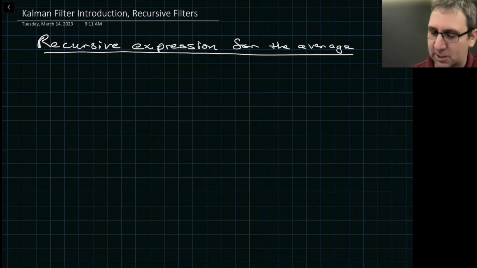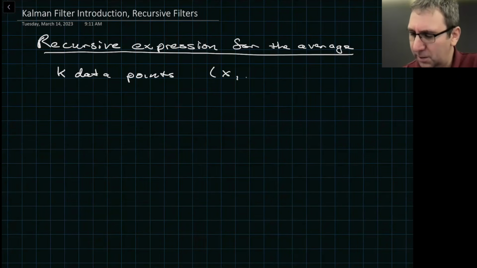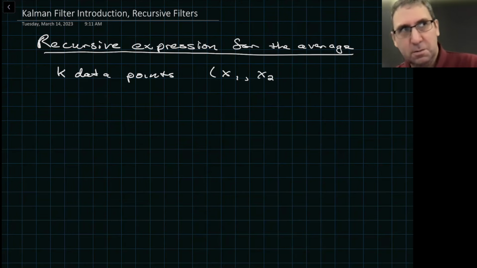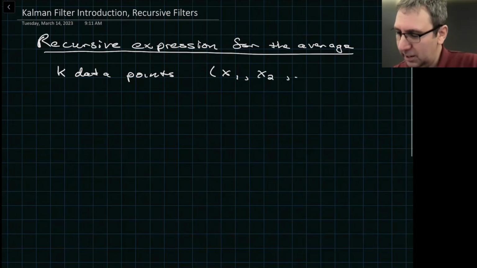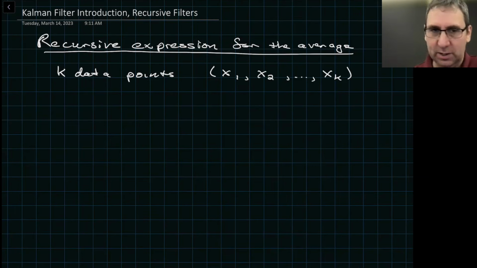So first, let's just assume that we've got k data points. We'll think of these as scalars for now, but later they could be vectors. So x1 is the first measurement, x2 the second, and so on, all the way to xk. We've got k data points.